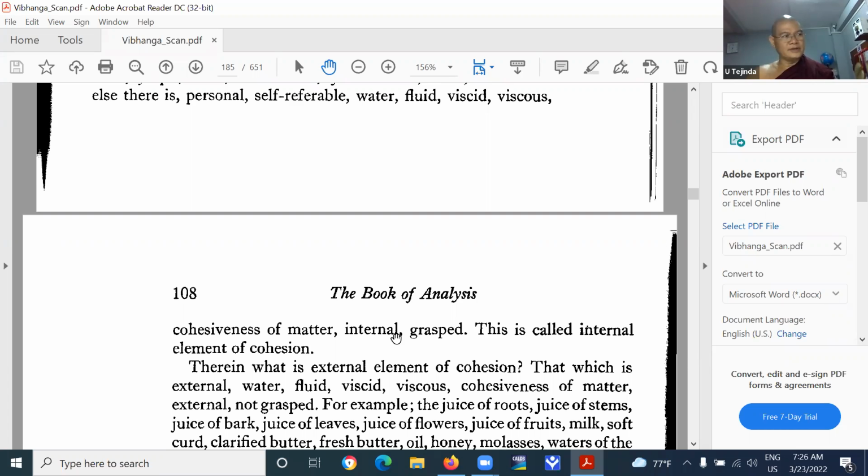So in our body, when we classify it into 32 parts, these belong only to Pathavi Dhatu and Abho Dhatu, not to Tejo or Vayo. Tejo and Vayo are not included in the 32 parts of the body or 31 parts of the body.